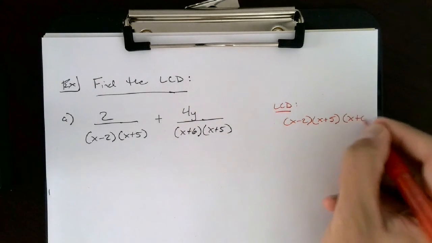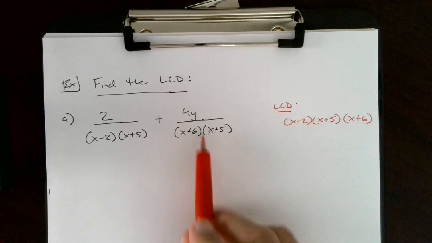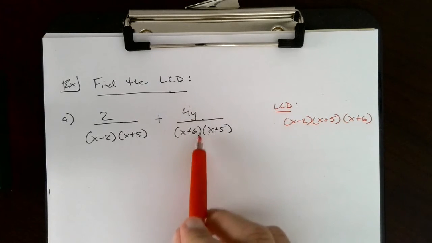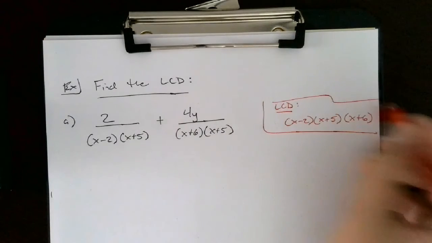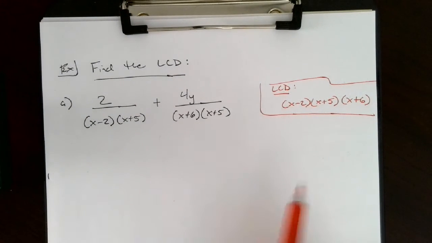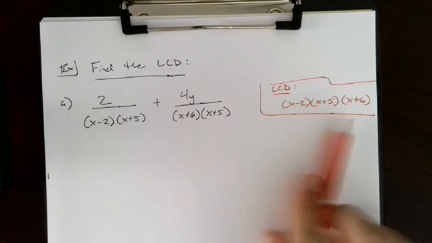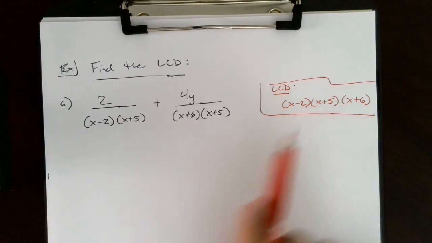We don't have it in the first fraction, but that's okay. We still need it. Any factor that appears in any denominator, and that's to the first power. And then we already took care of x plus 5. So the LCD is x minus 2 times x plus 5 times x plus 6. The order of these does not matter. Multiplication is commutative, can be done in any order, but you do need all 3 factors present there.